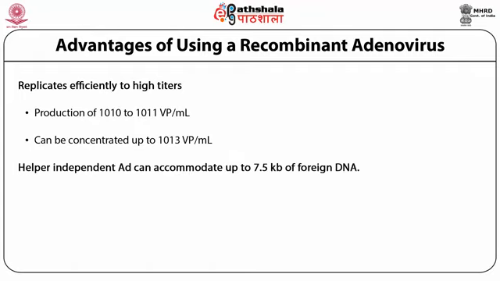The helper-independent adenovirus can accommodate up to 7.5 kb of foreign DNA. This is a very good quality of this virus vector, because otherwise in other viruses we need assistance from other cells, but this is a helper-independent adenovirus. So a very large fragment, 7.5 kb, can be accommodated into the vector.